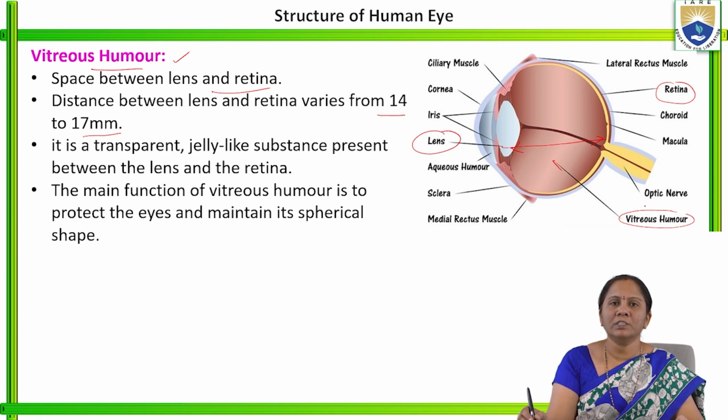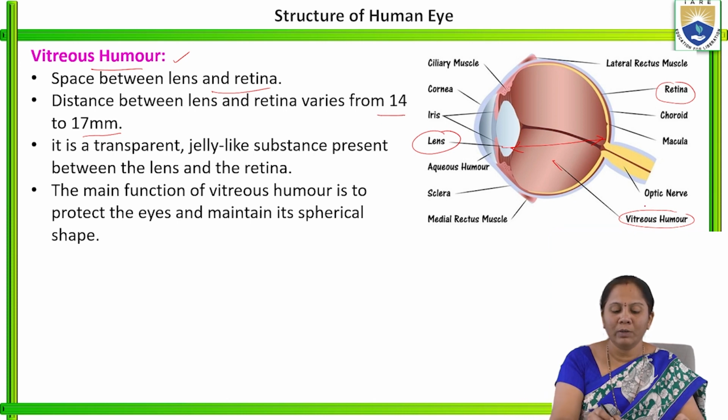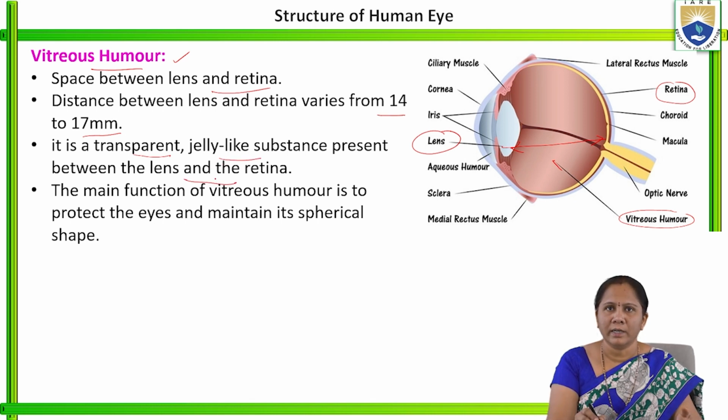It will be transparent, like glassy in form, but the substance will be like jelly, and it is present in between lens and retina.